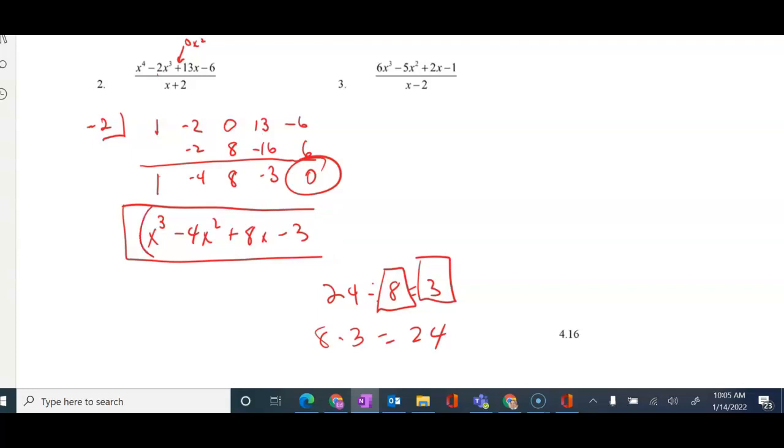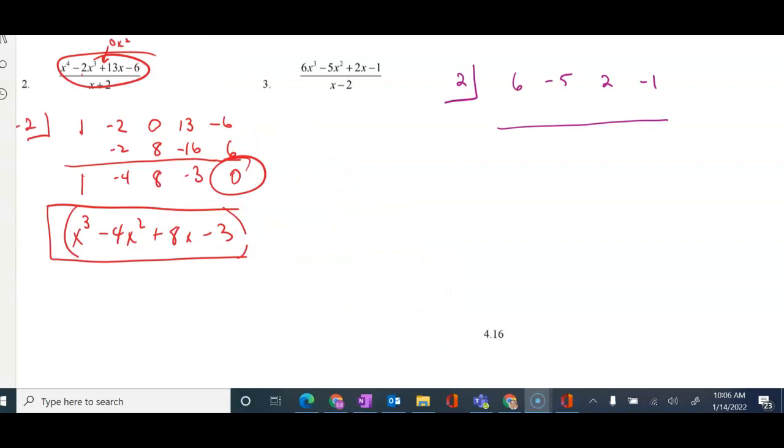We can say x cubed minus 4x squared plus 8x minus 3 times x plus 2 equals our dividend, what we started with. I mentioned a couple of days ago that using division is a way to come up with some obscure factoring. We just started factoring this by finding a divisor that has a remainder of 0.